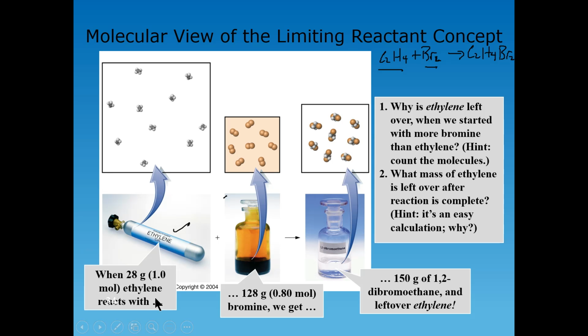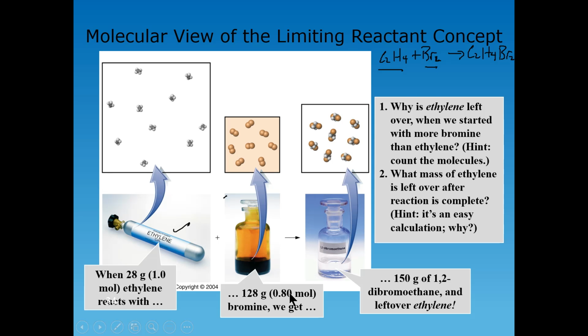Okay, so in this question, they gave you 28 grams of ethylene, which is equal to 1.0 moles. And they gave you 128 grams of bromine, which is 0.80 moles, right? Now, obviously, 0.8 moles would be less than 1.0 moles, and this is a 1-to-1 mole ratio between these two.